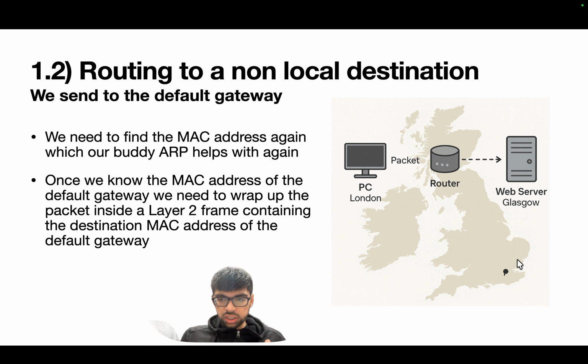It's the fact that this web server will have an IP address that's in a different subnet to this one. So a router is needed, and the PC will have to send this packet to the default gateway, the router. Then that router, because it has a route to the web server in Glasgow, can send it to the subnet that it's connected to, and then the packet is received by the web server eventually.